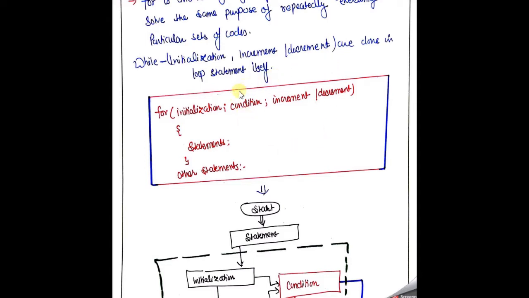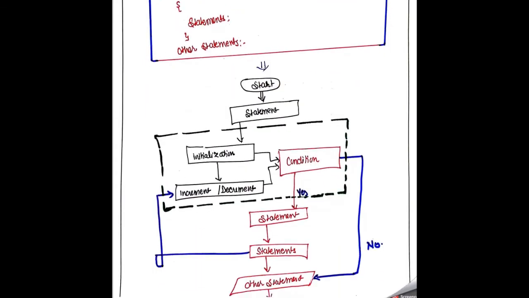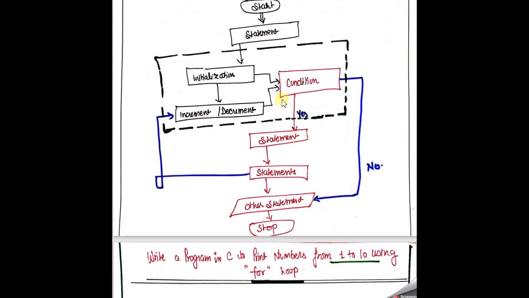You can now see that a kind of looping is created: condition checking, work, increment or decrement, condition checking, work, increment or decrement, and so on. In this manner you can see how a loop is created with the help of the flow chart.